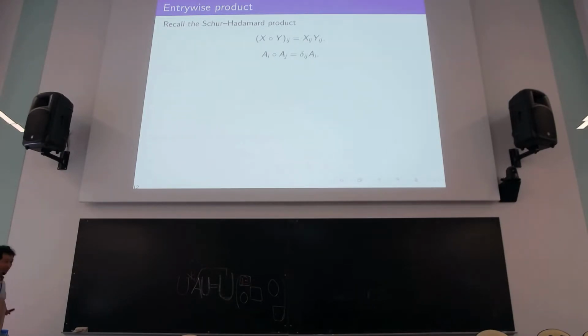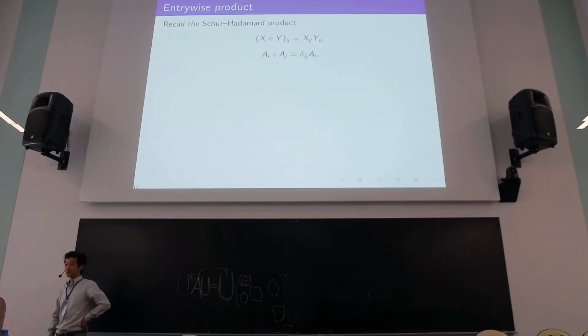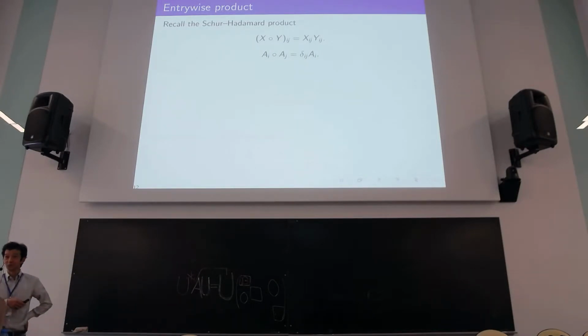So you have two different bases, and they behave quite differently in terms of ordinary multiplication, but if you consider the other multiplication, that is the Schur-Hadamard product, then you have a kind of duality. That is, the adjacency matrices with respect to entry-wise product behave almost like primitive idempotents, and the primitive idempotents behave like the adjacency matrices with respect to the Schur-Hadamard product.